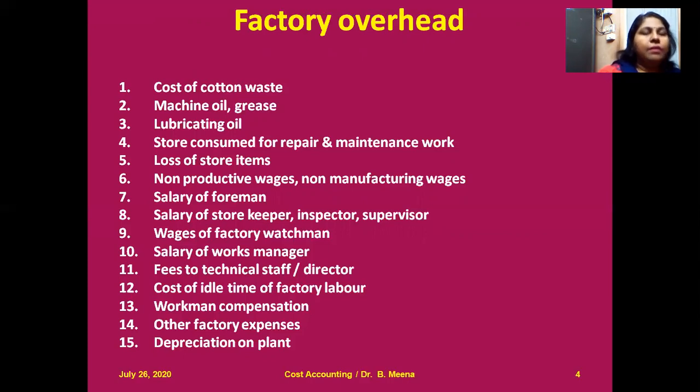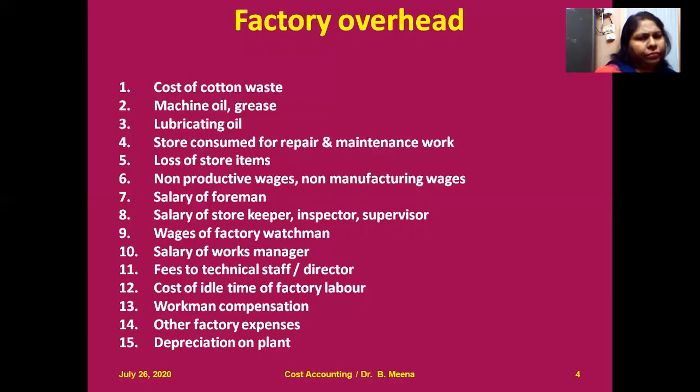So all the salaries and wages given to the storekeeper, inspector, supervisor will come under factory only. Wages of factory watchman, salary of works manager, fees to technical staff, director, and cost of idle time of factory labor. What does cost of idle time of factory labor mean?